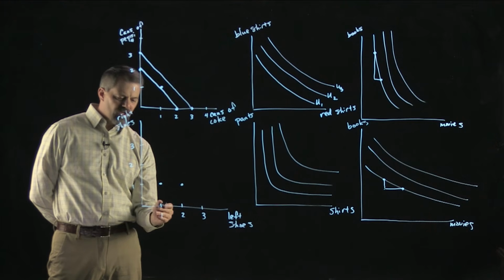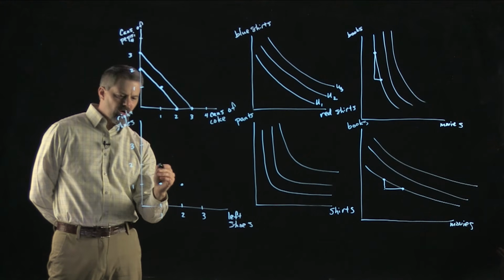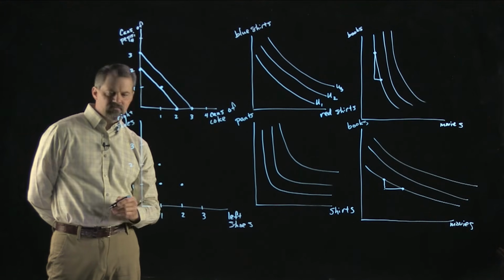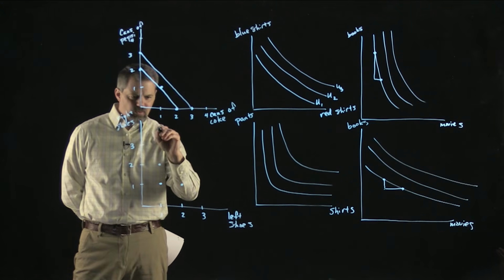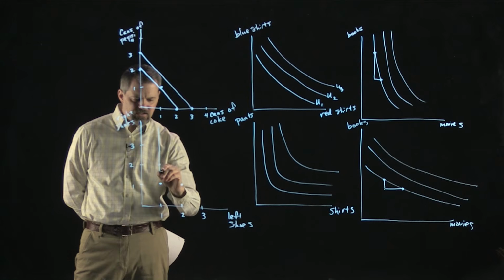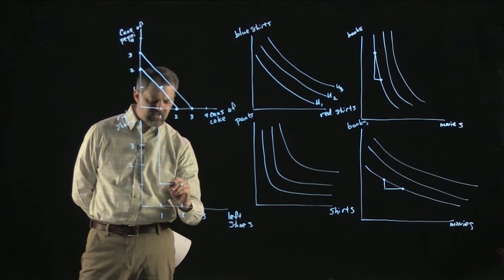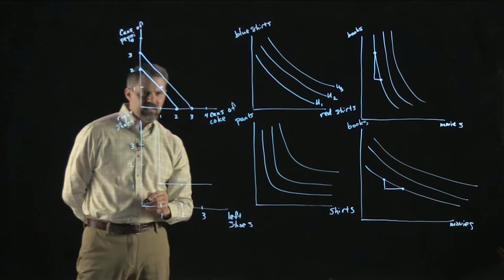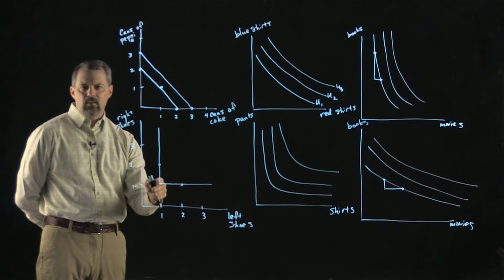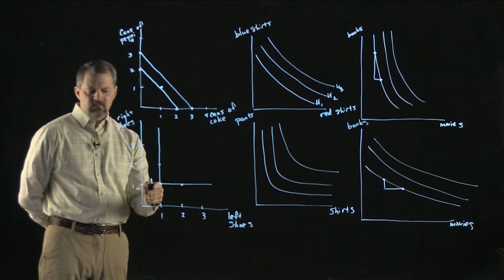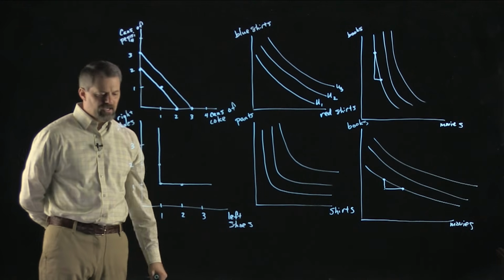Or, let's suppose you have 1 left shoe and 2 right shoes. That's right up there. Well, you're still indifferent between that point and this point. In other words, what we see is that your indifference curves, in the case of perfect complements, would look like L's. If you've only got 1 left shoe, it doesn't matter how many right shoes you've got, because you need 2 of them to make a pair.